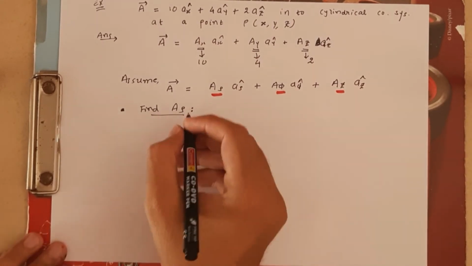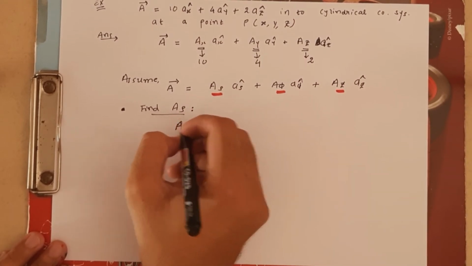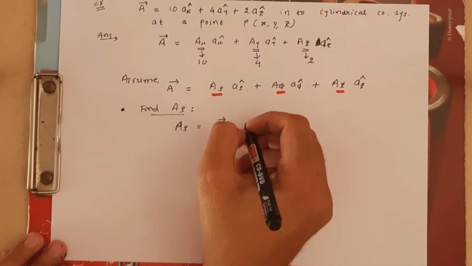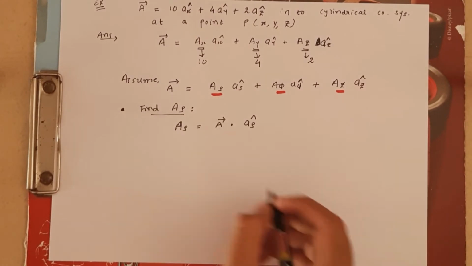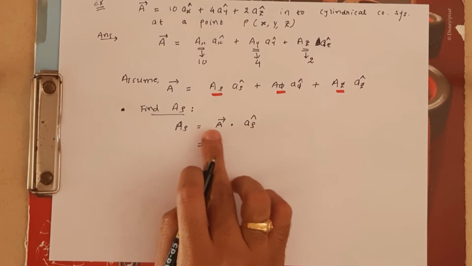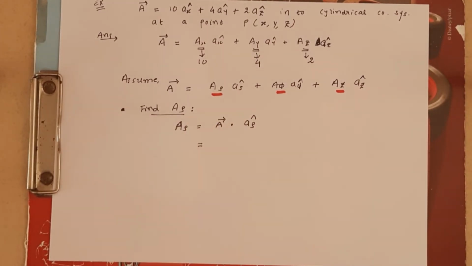So how to find A rho? Capital A rho is equal to vector A dot a rho unit vector. How does this equation come? See, this one is an important equation.